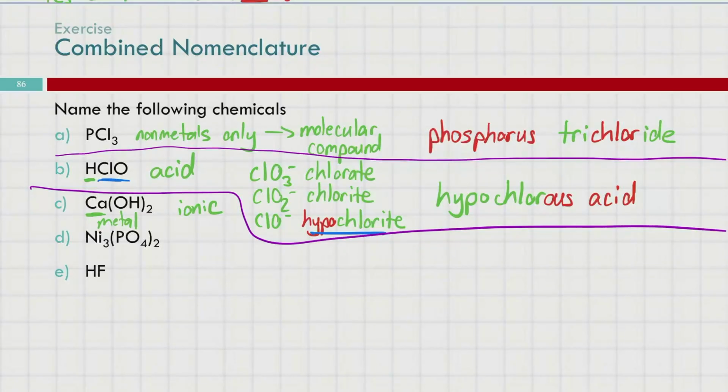So calcium only forms calcium 2 plus, so we don't have to specify the charge, just calcium. And then we've got OH. What is OH? It's a polyatomic ion. It's hydroxide, calcium hydroxide.